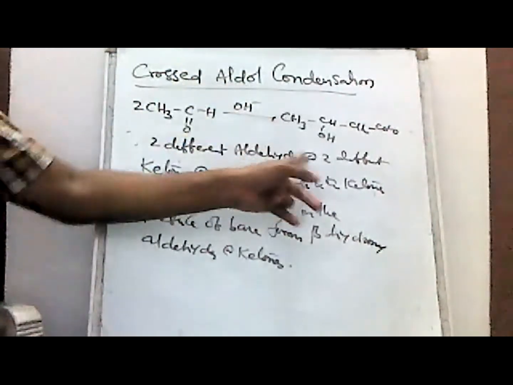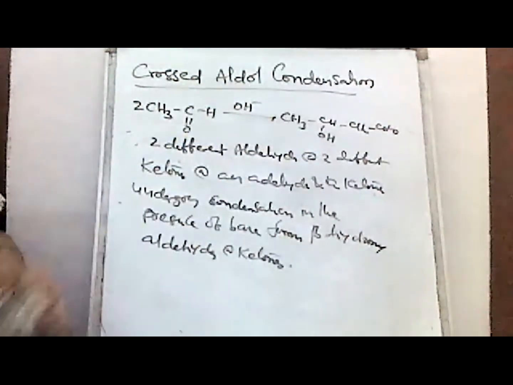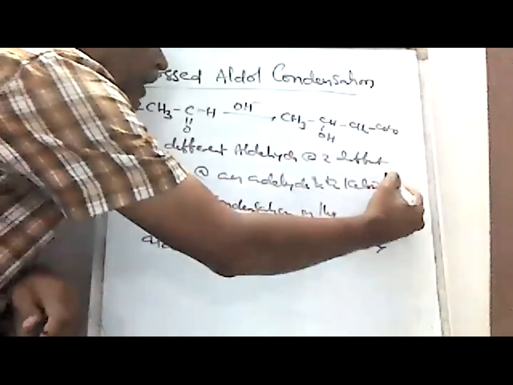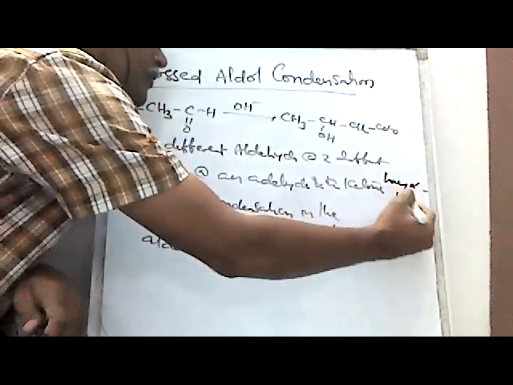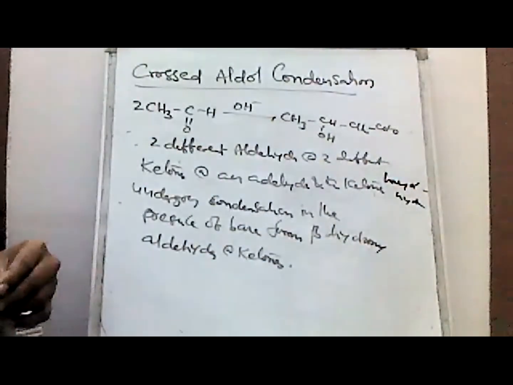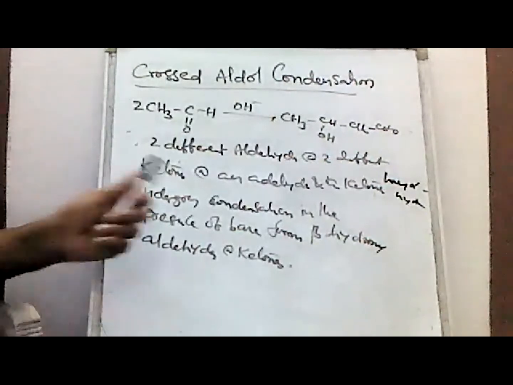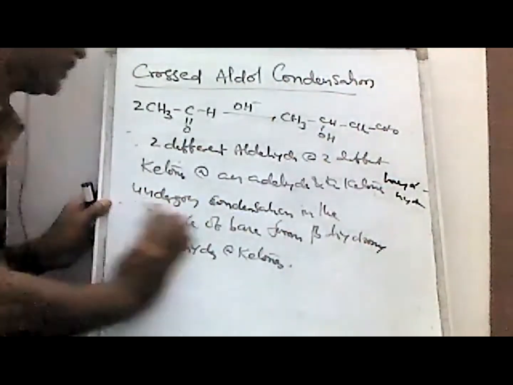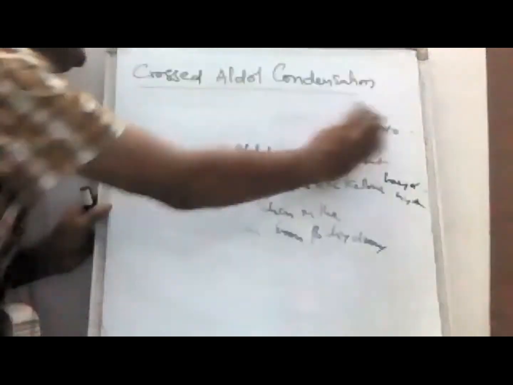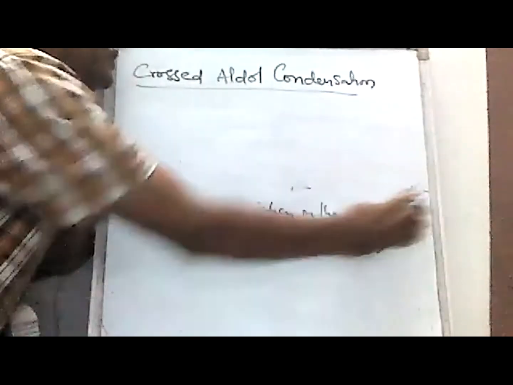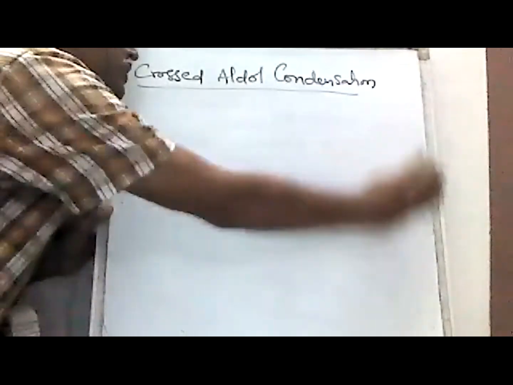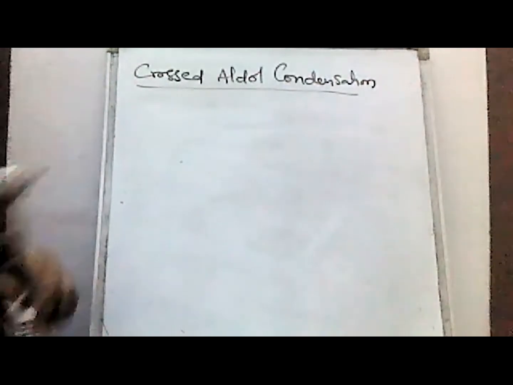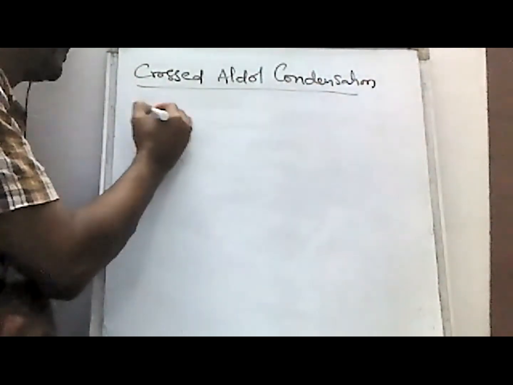If two different aldehydes, two different ketones, or an aldehyde and a ketone having alpha hydrogen undergo condensation in the presence of base, forming beta hydroxy aldehydes or ketones, we call this the crossed aldol condensation.